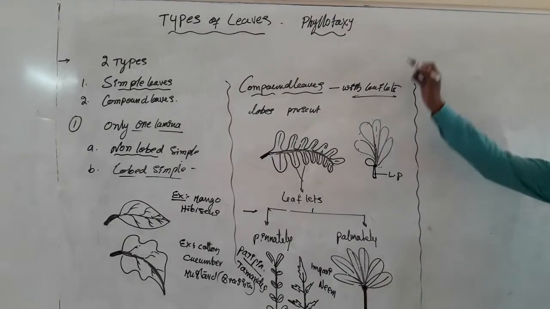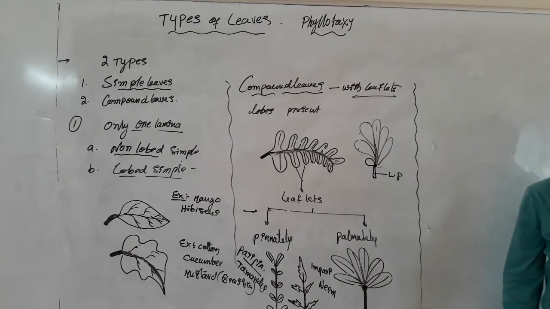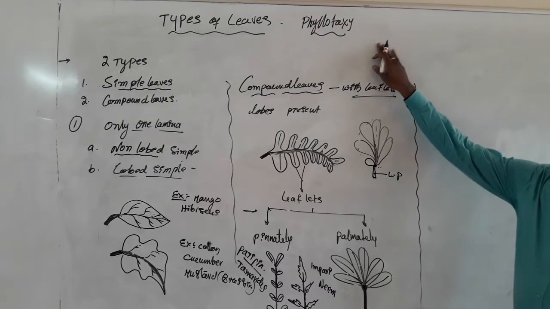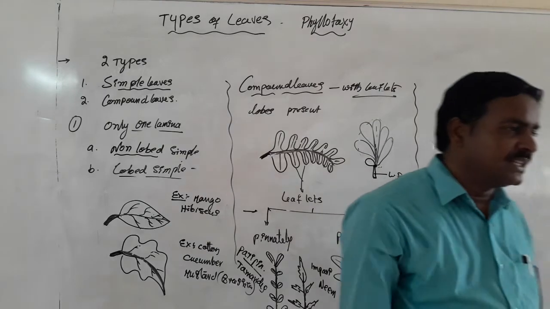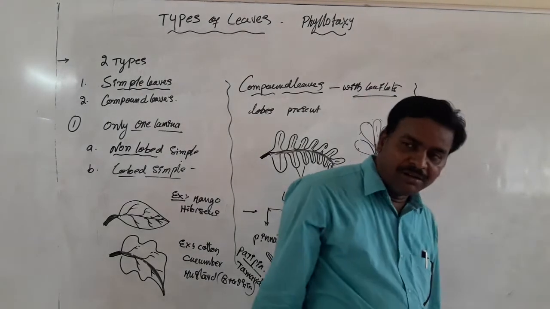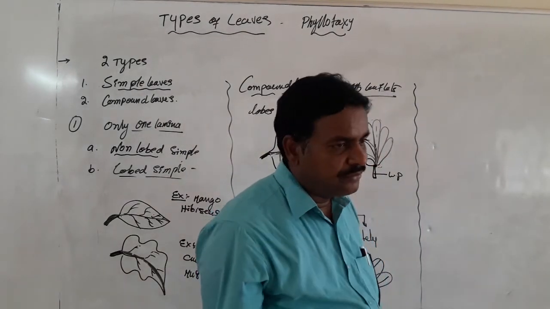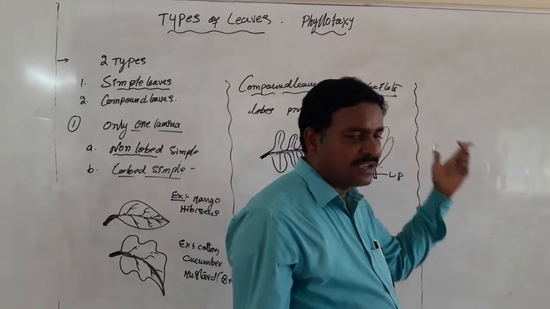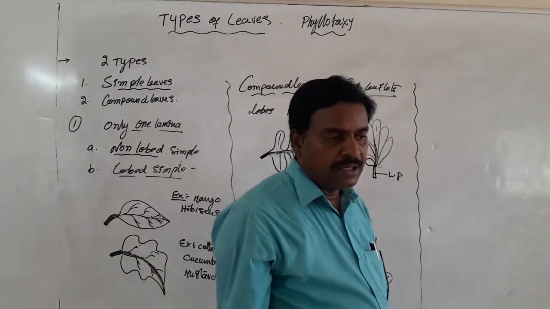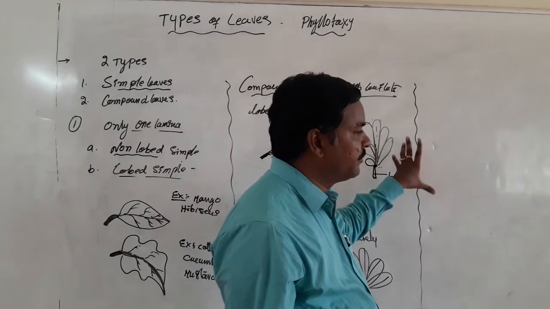Now coming to phyllotaxy. This is a very small topic and a very important topic. Phyllotaxy. Phyllo means leaf. Phyllo means leaf; I mentioned phylloclades in an earlier topic. Phyllo means leaf.